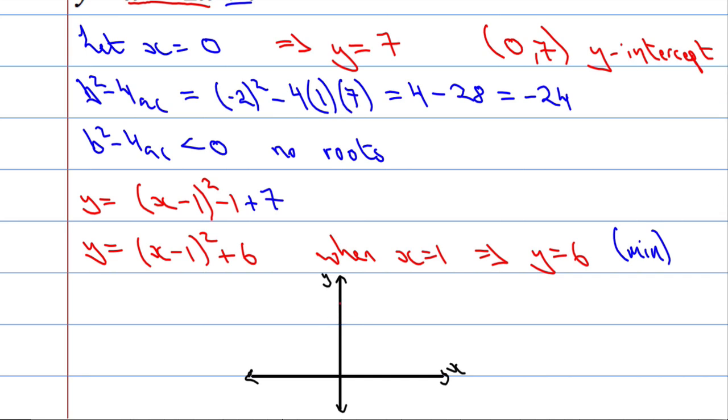Let's change it. So we've got the point 0, 7, and we know when x is 1, y is 6, so we can put that there if you will. 1, 6 is the minimum. So the curve is going to come down like so. It's going to touch, that's our minimum point, and then it's going to go off in this direction, a U shape. Not the best diagram in the world. It is just a sketch.